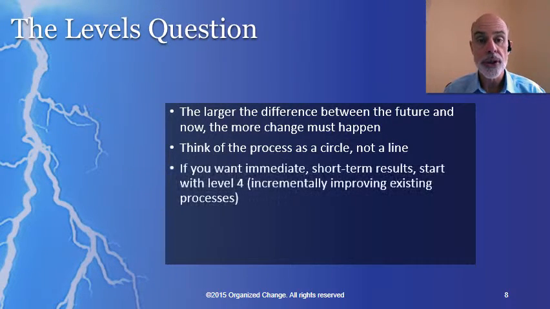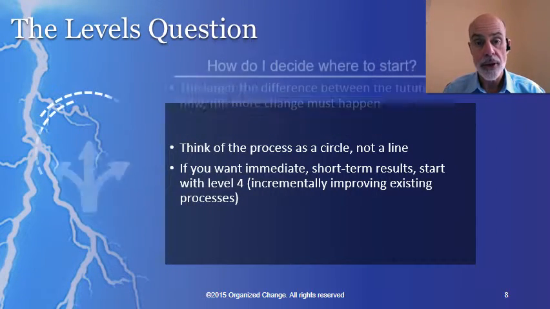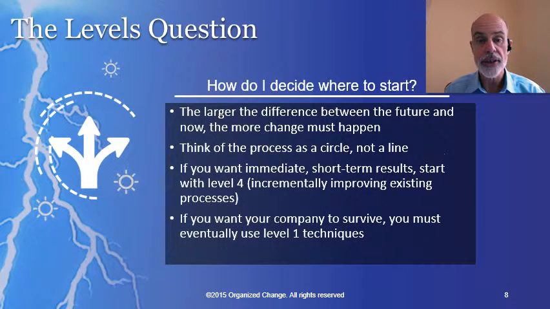If you wish short-term results, you very well might want to use level 4 techniques, that is, incrementally changing your organization's processes. Ultimately, though, if you wish your organization to change and survive in a very different kind of future, level 1 techniques may be necessary. What particular level is going to be appropriate for your situation is the basis for which you need to do your initial assessment by the steering committee.